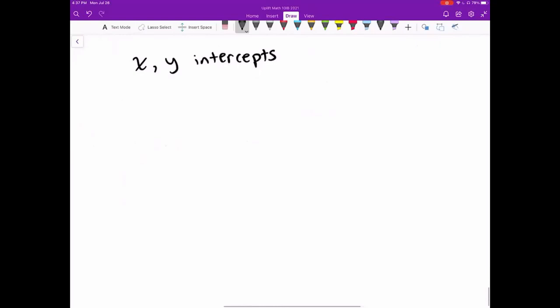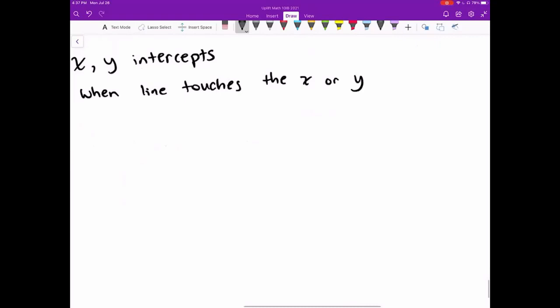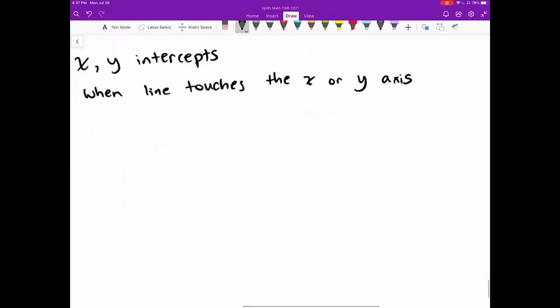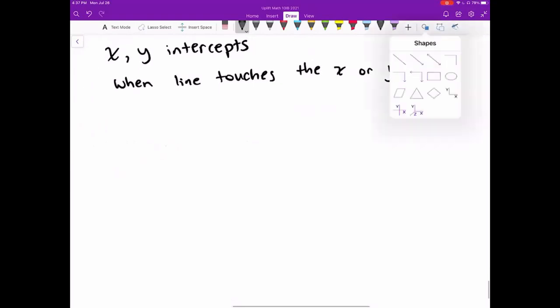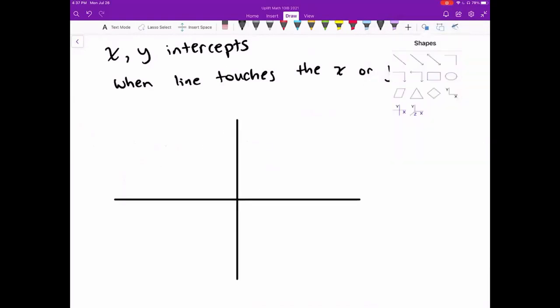The x and y intercepts are basically just two points that correspond to when the line touches the x-axis and the y-axis. We can just draw a random line. It doesn't have to have exact coordinates.